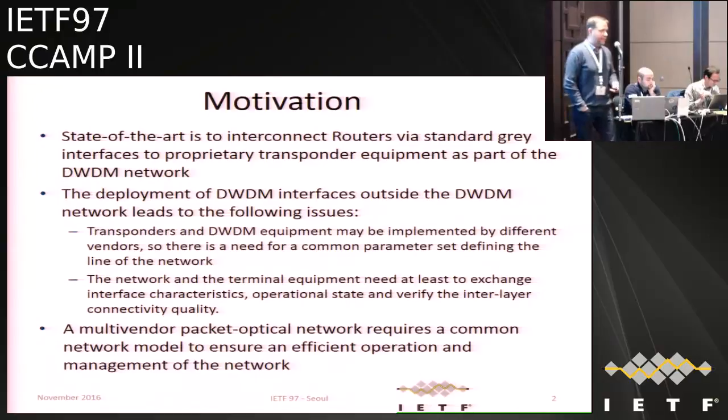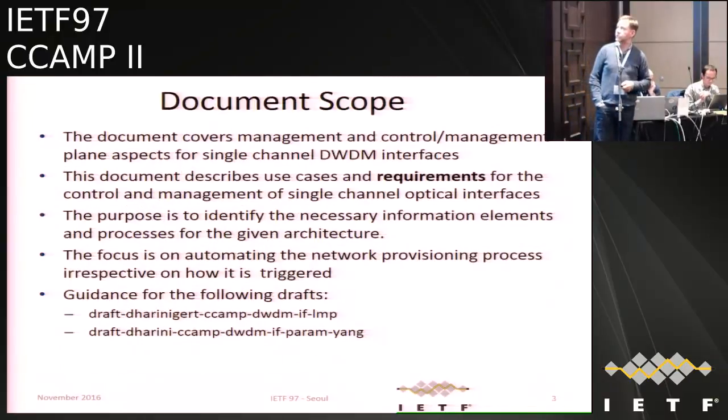So the document scope, I think nothing changed a lot at the moment. We have a solution space, we have a use case section, and as well requirements already addressed in the document.